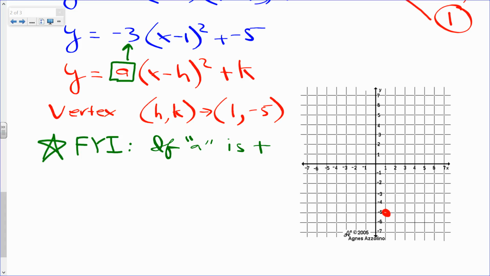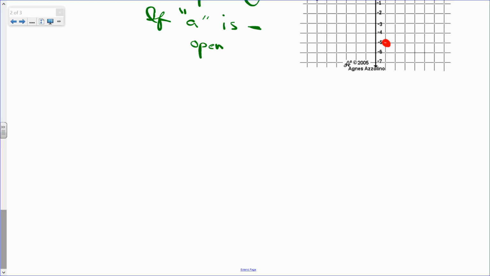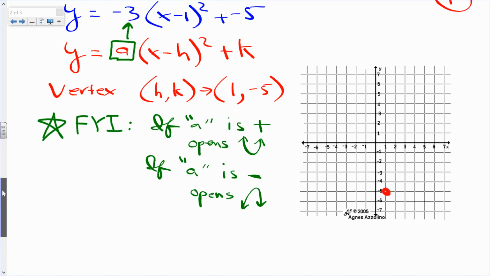If A is positive, the parabola opens up. I'll draw a little parabola. If A is negative, it opens down. Put a little star in the notes.